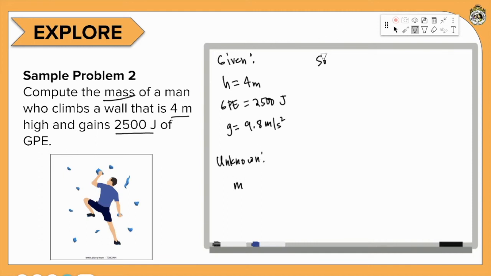So let's now solve and again refer to the pyramid. Let me again draw the pyramid in here. You have GPE on top, and then you divide the bottom into 3 parts, M, G, H. So we're looking for H. That means H is equal to GPE divided by mg.